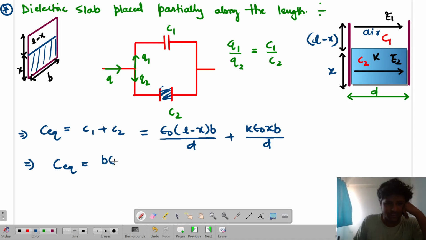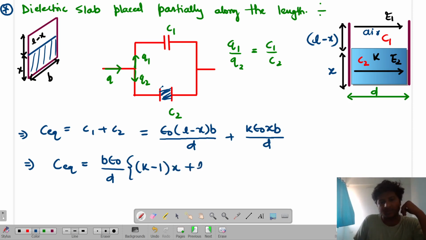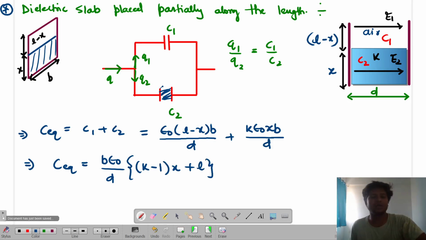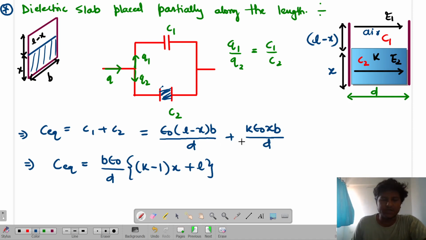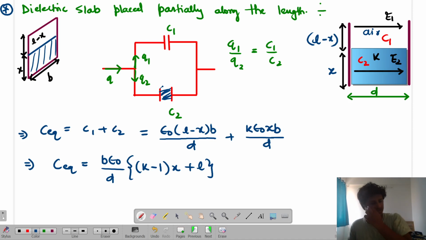So B epsilon naught by D, and it will become (K minus 1) into x plus length L. This will be my equation, isn't it? So you just put this area and length, and you will definitely get the answers. Is that clear or not? So look over here.